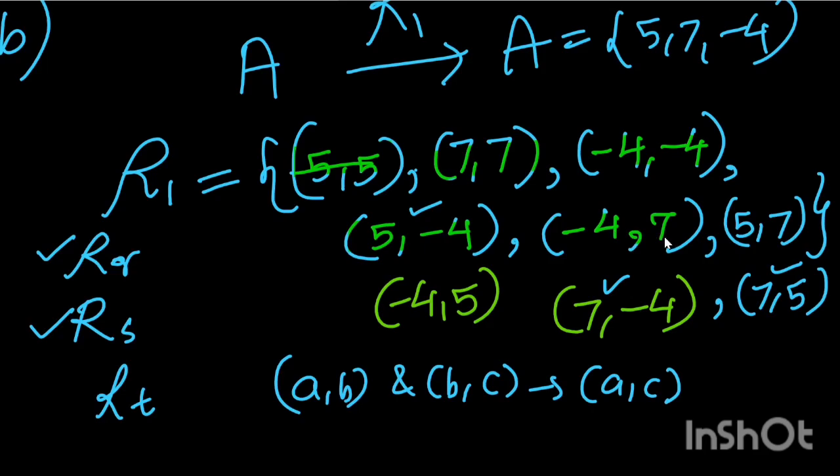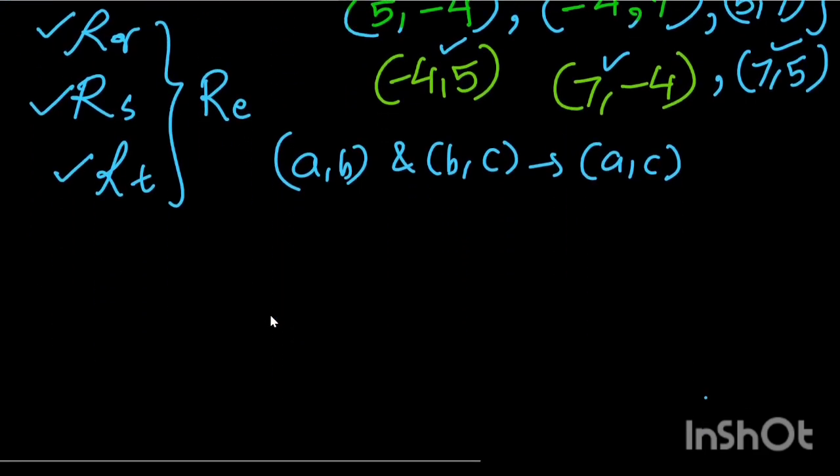Minus 4 7 and 7 minus 4 is there; 5 7, 7 5, so 5 5 is there. Minus 4 5, 5 7, so minus 4 7 should be there, and it is there. So transitivity is met, so we can say that it is an equivalence relation.